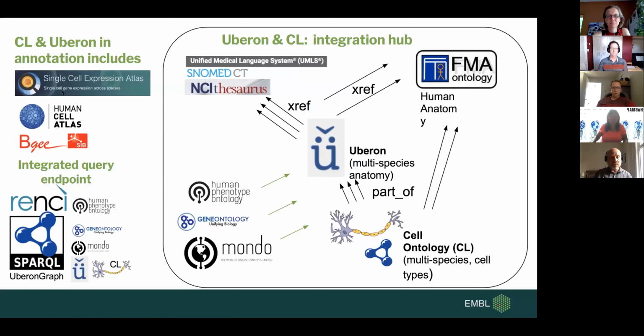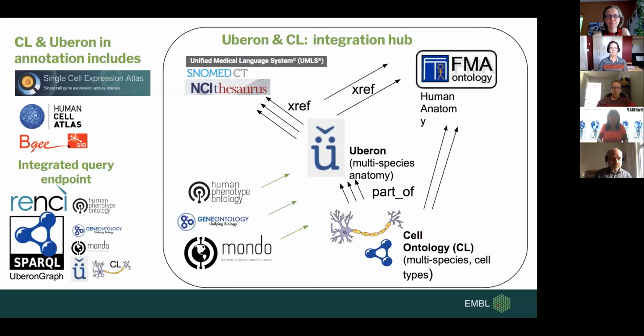It's also used in lots of single cell annotation. Here are some examples of cases where it's being used in single cell atlases: HCA, DCP, and this BGee database from SIB.